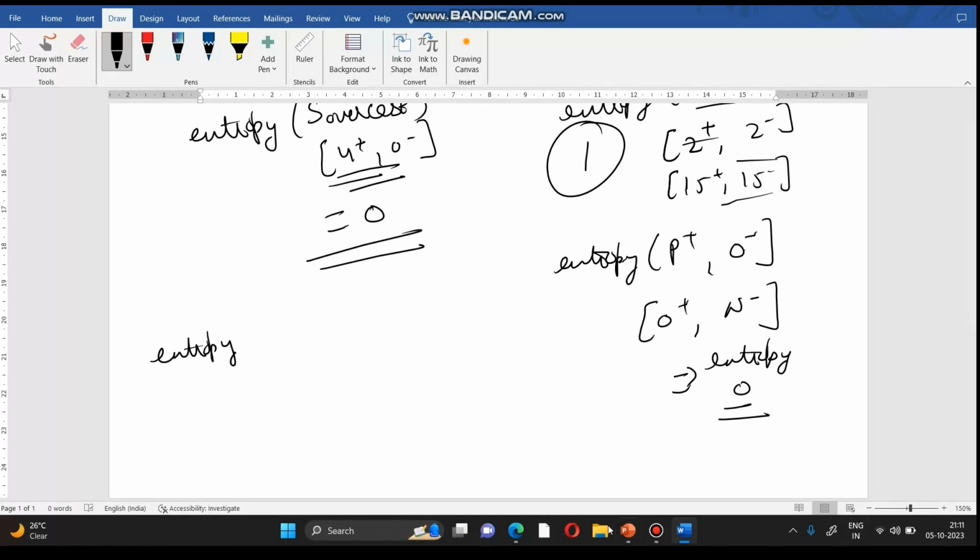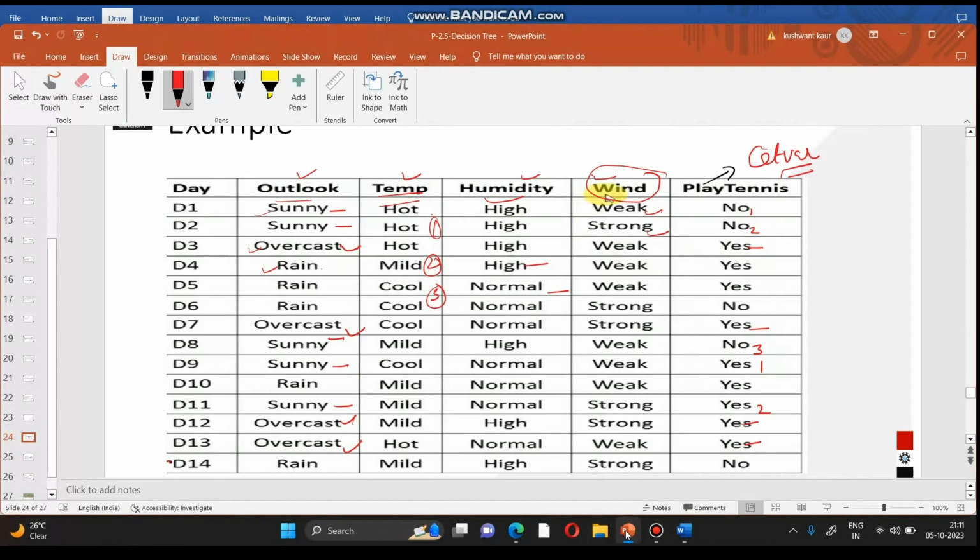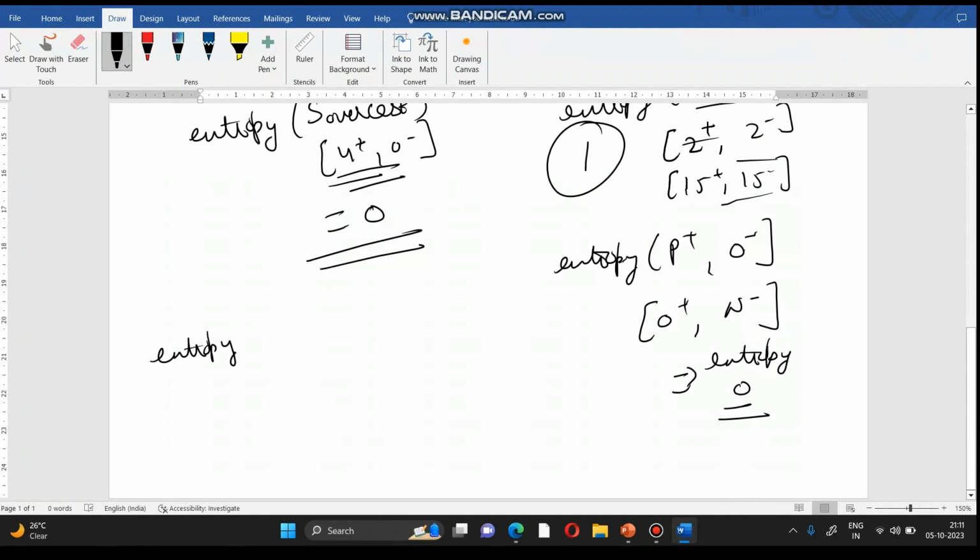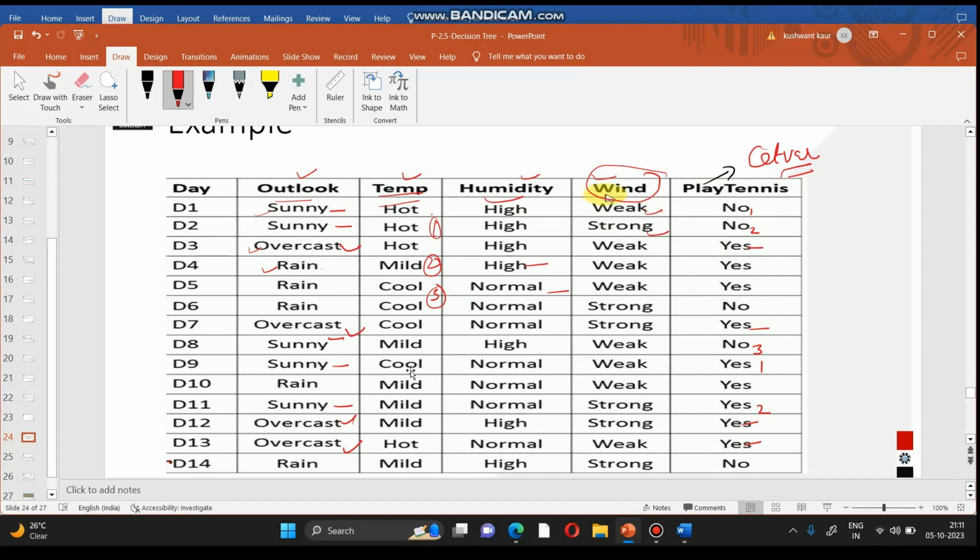Next, as we can see in this example, is rain. So how do we calculate for rain? We are calculating the entropy for S rain, and here we have 3 plus and 2 minus. Looking at rain, the play column has 3 yes and 2 negative values.